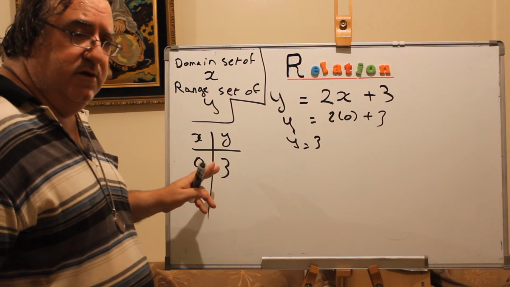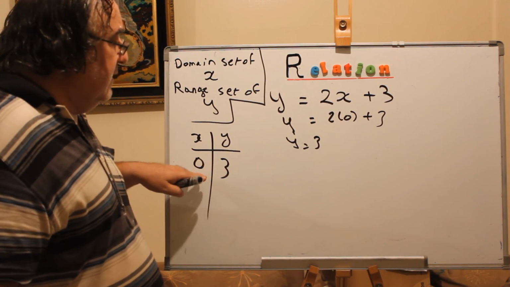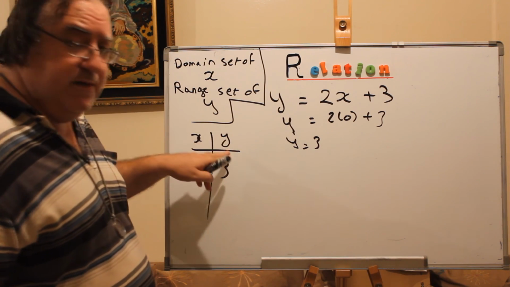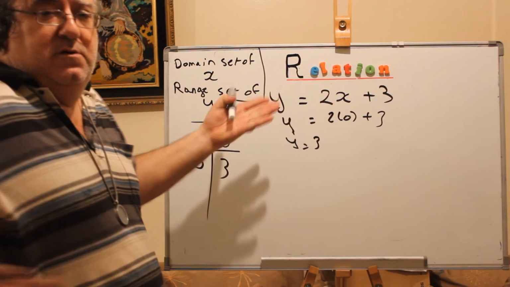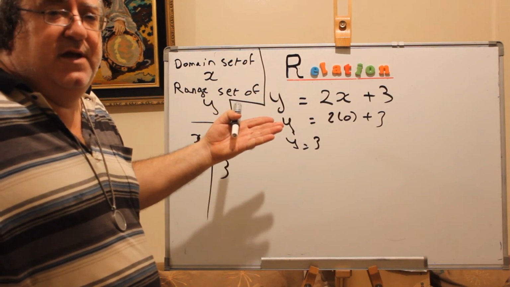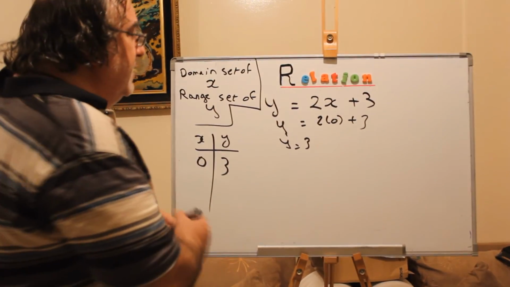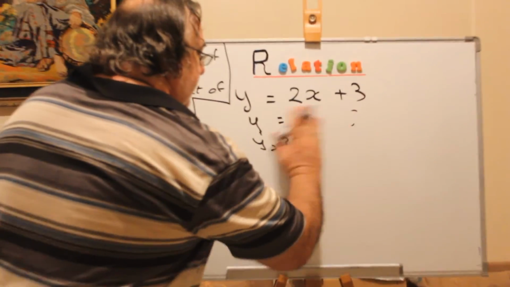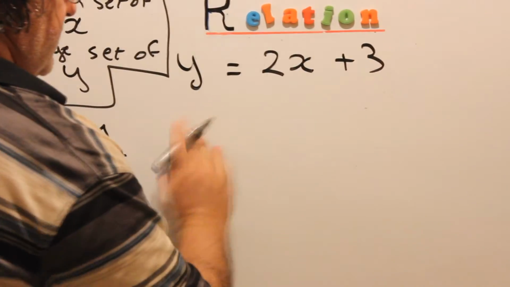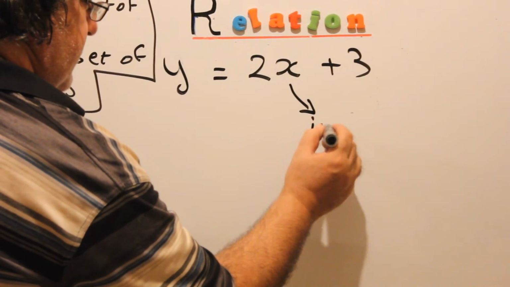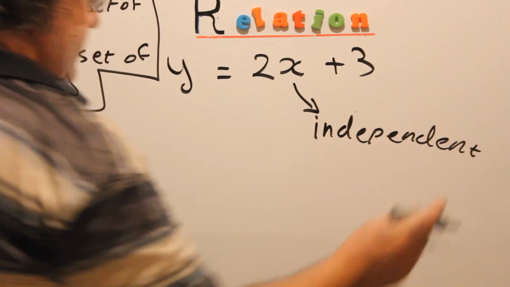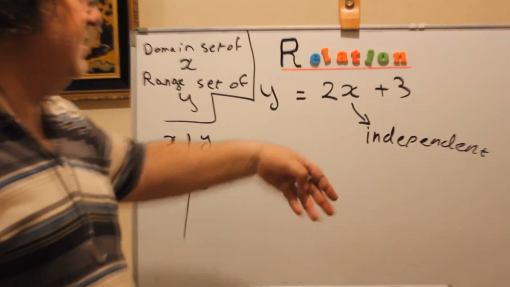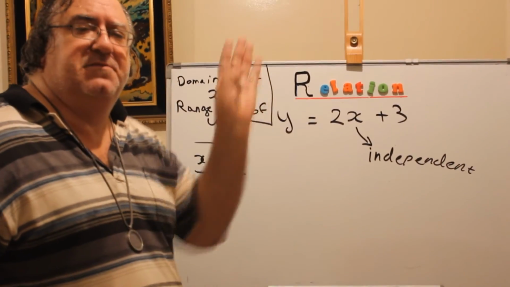This is an equation. So it means here the y depends on the x. The x is free to get any number. So we call this x independent. What does independent mean? It doesn't depend on anyone. Whatever value you give x, it doesn't matter.